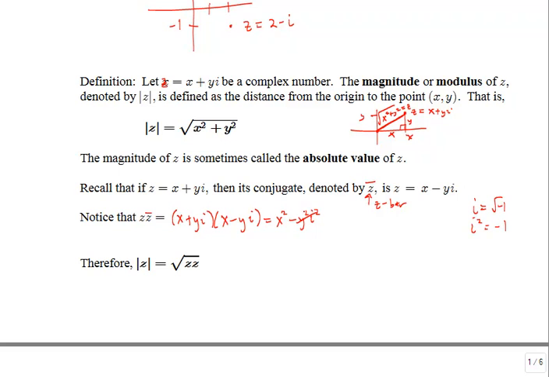So this turns into a -1 times that minus y squared, which turns it into a plus. It changes that sign. So when you take a complex number times its conjugate, you get x squared plus y squared. So that means that if we take the square root of the product of z times its conjugate, that gives you that modulus. Remember, that's how we defined our magnitude or modulus of z. So this is just an alternative way of thinking about that formula.